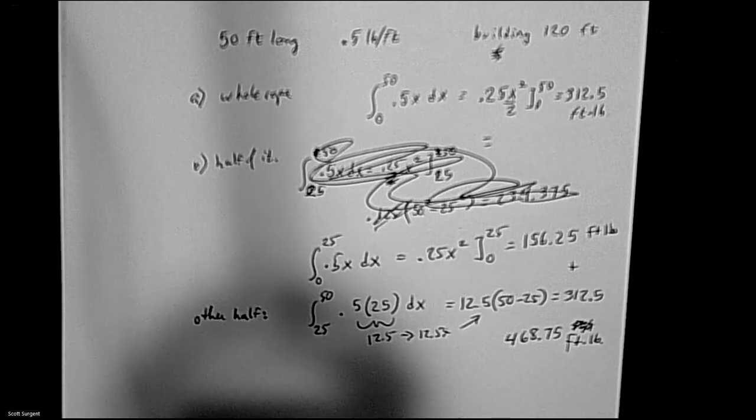I'm setting the origin at the top. So I'm assuming I'm at the top of the building and yanking the rope up. If I put the origin where I'm at the top, I should be setting it up so that the very top rope gets pulled up 0 feet.